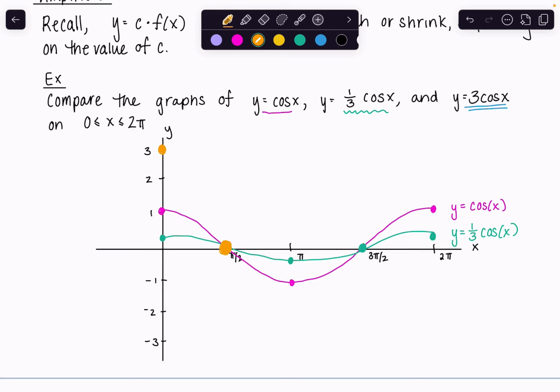When I plug in pi over 2, you still get 0. Plug in pi, you'll get -3. 3 pi over 2 results in 0. And 2 pi comes back up to 3. So our graph looks like this.